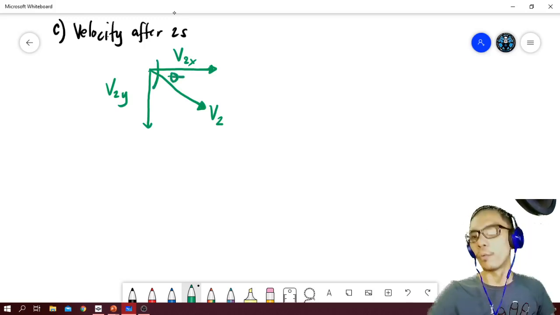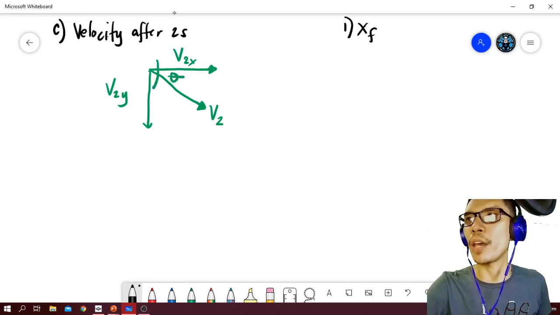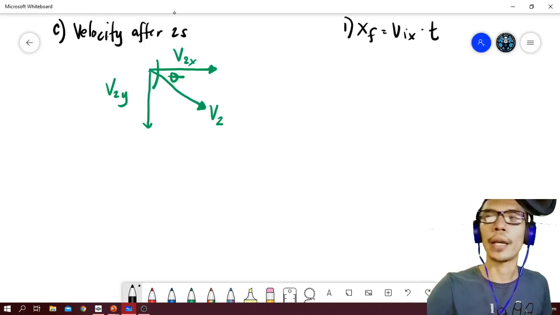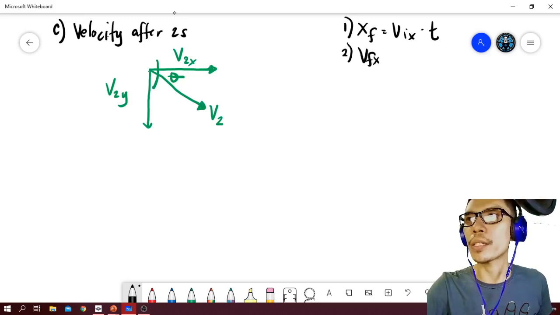Now, what are the formulas that we are going to use? So let's write all the formulas once more. Number 1, we have x sub f is equal to v sub ix times time. Next, number 2, we have v sub fx is equal to v sub ix.